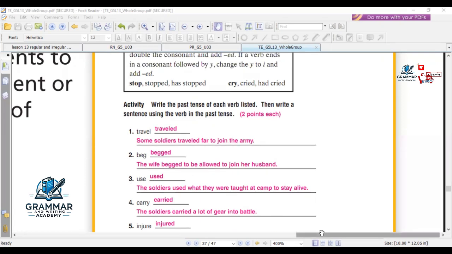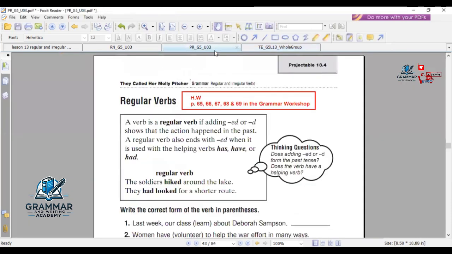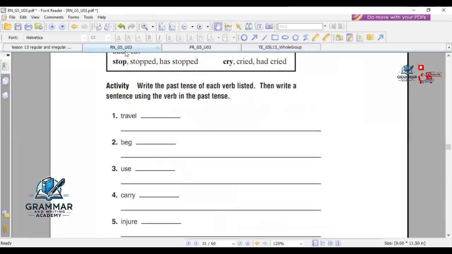Okay, thank you. Mister, I have a question. Yeah. Mister, in the grammar workshop book, on pages 119, 120, 121, there are words for the lesson. There are words like dig, dug.